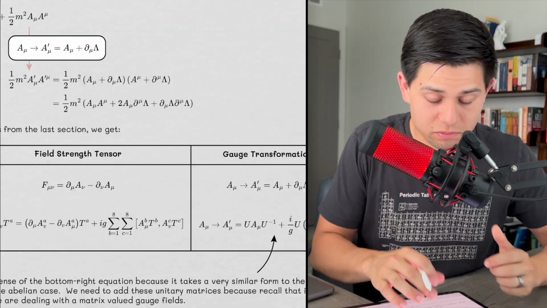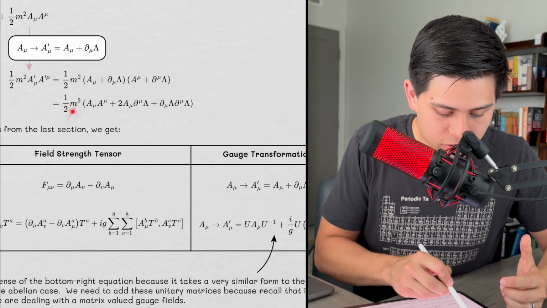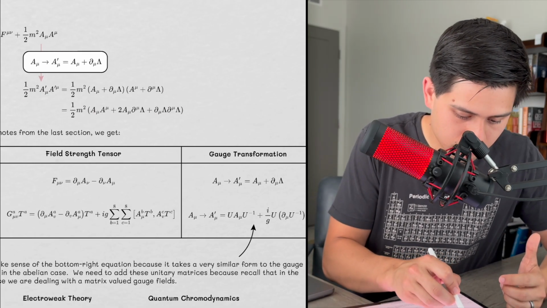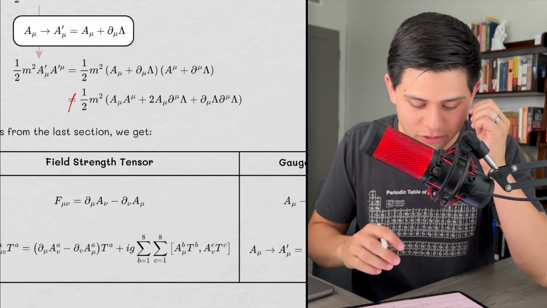So the mass term is not invariant. This here does not equal this. They don't equal each other.